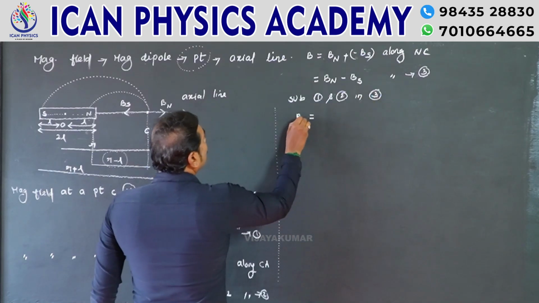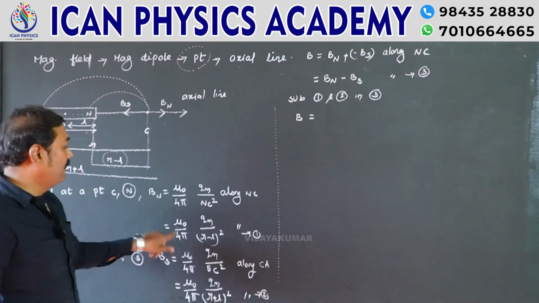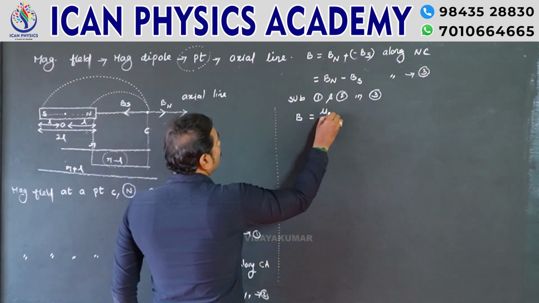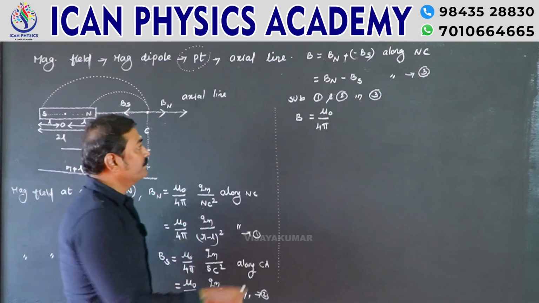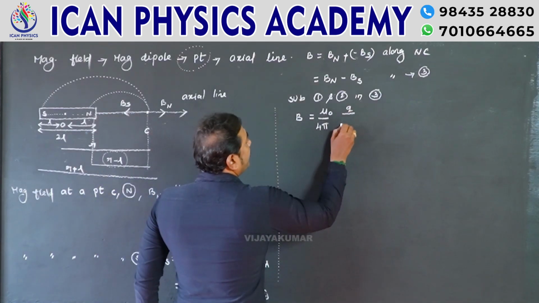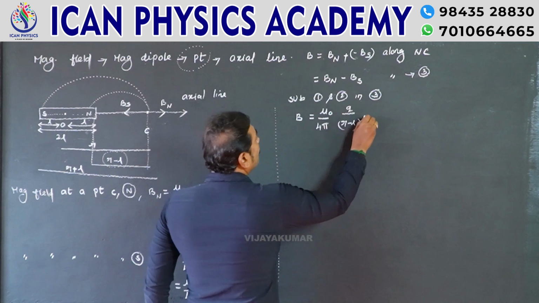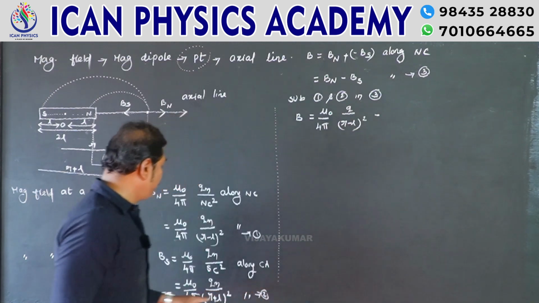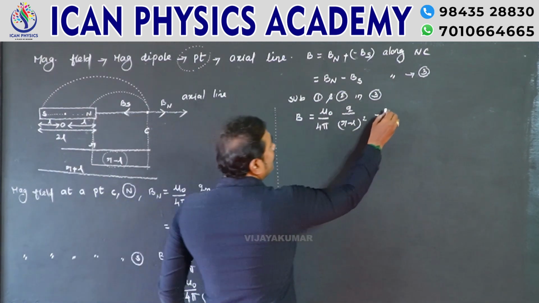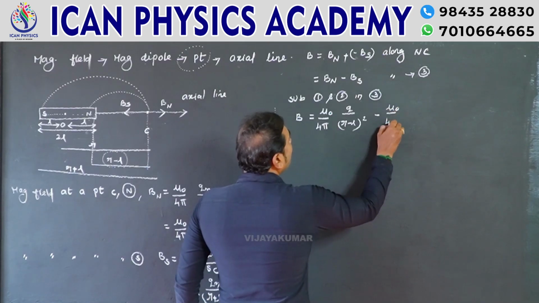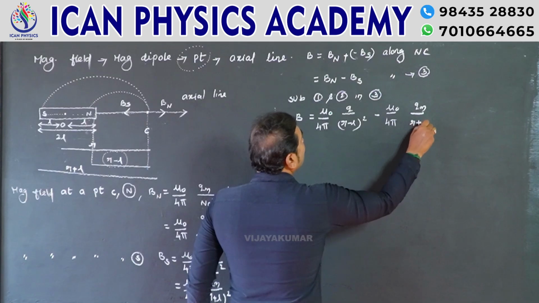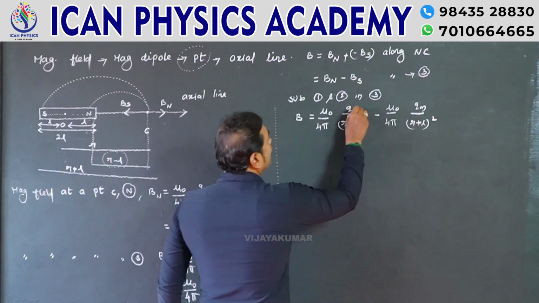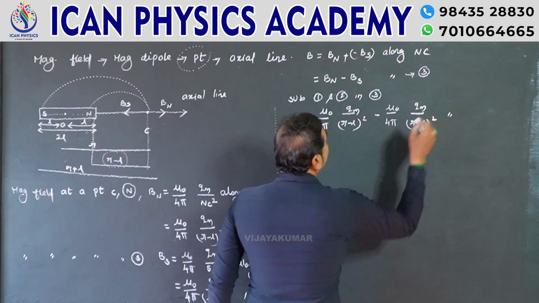அப்ப என்ன சொல்லிடலாம், total magnetic field வாங்க mu naught by 4 pi, okay, QM by R minus L the whole square minus Bs. அப்ப இவன் வந்துரும் எவ்வளவு, mu naught by 4 pi QM by R plus L the whole square, okay, along NC.